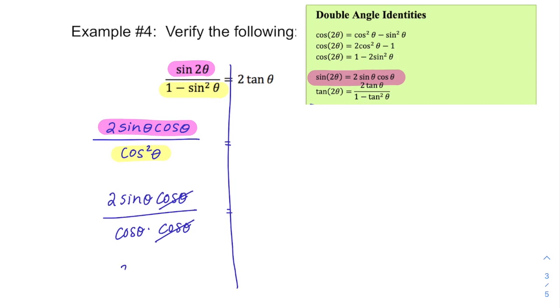And what I'm left with is 2 sine theta over cosine theta. Now the 2 is just being multiplied by that sine theta, so they're not forced together. And that's good. I have a 2 in what I'm trying to get to. Well, what is sine theta over cosine theta? That, from our pink sheet of identities, is simply tan theta. So 2 tan theta is equal to 2 tan theta.